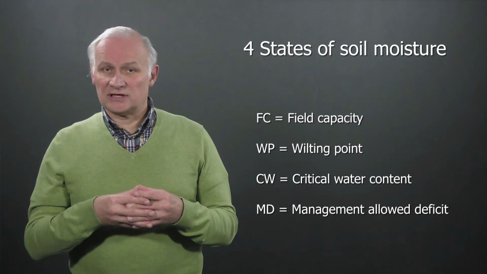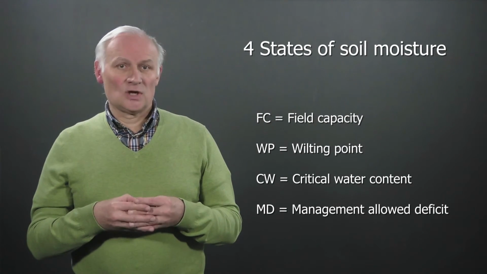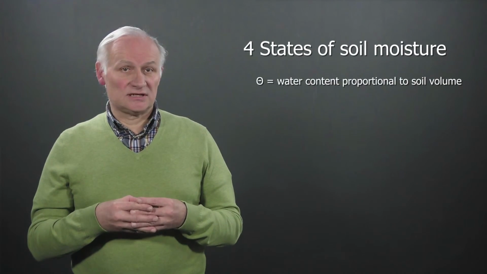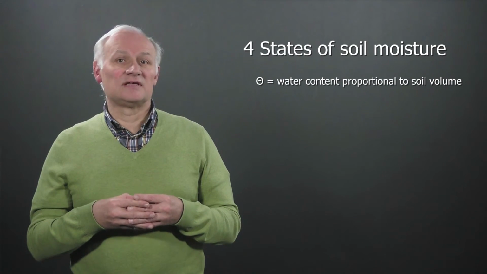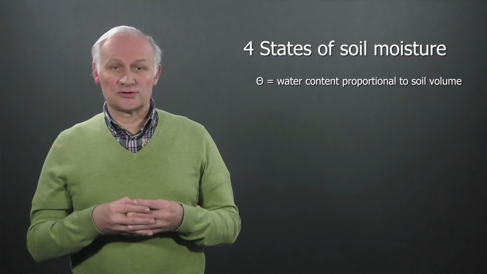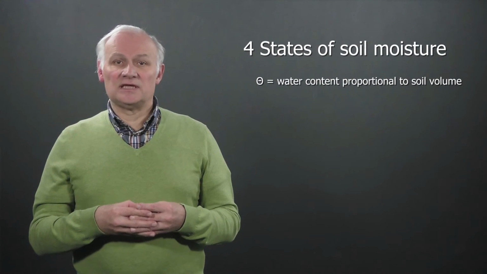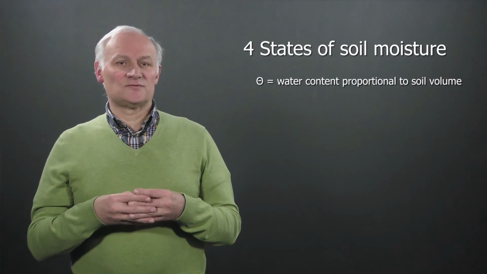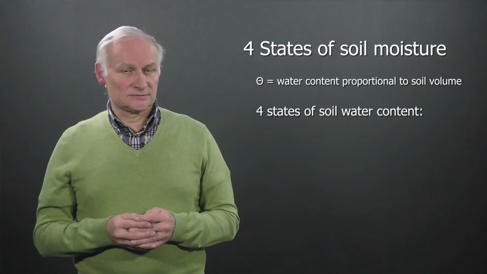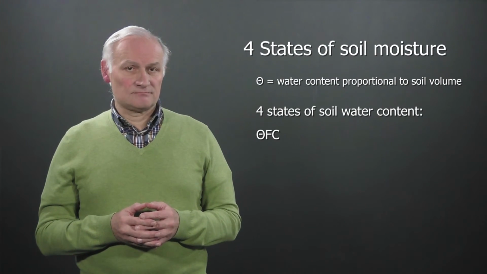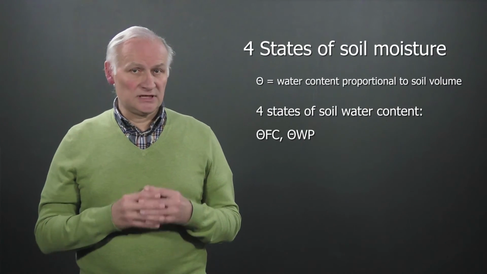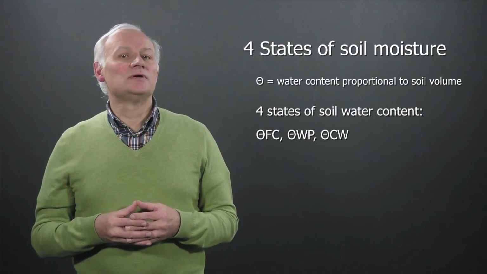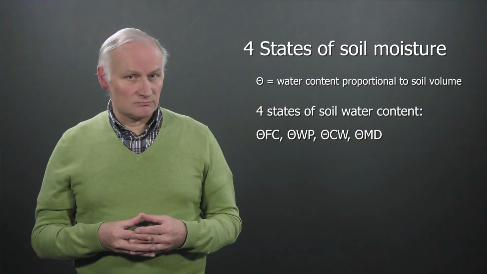We outlined the 4 states and what they represent. We now add the annotation theta to signify water content as a proportion to the total soil volume. Therefore, our 4 states of soil water content are theta FC, theta WP, theta CW, and theta MD.